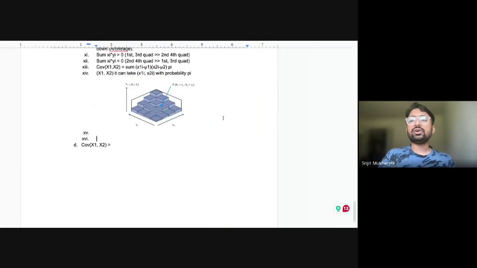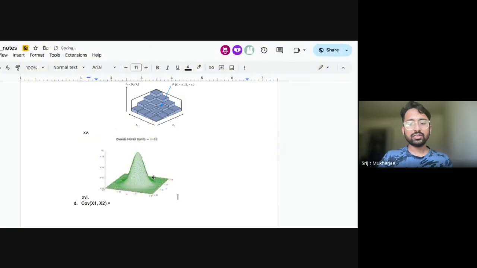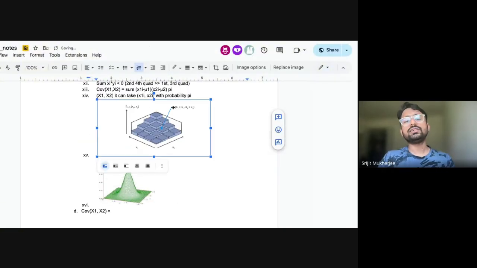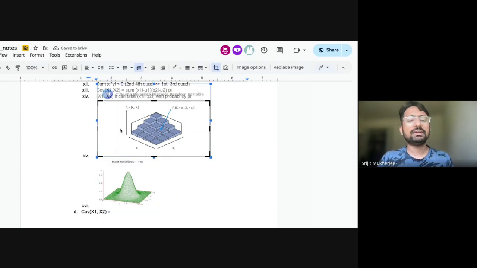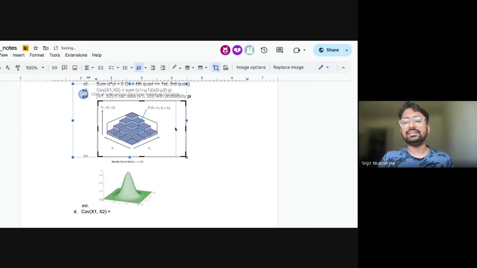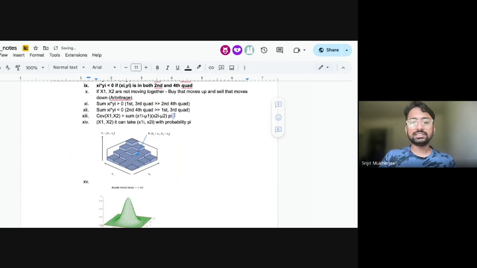Similarly, in a continuous distribution it will be something like this. This is continuous, as opposed to discrete, but again it's multivariate. That's why multivariate calculus is important, which I'm not covering here, but I'm telling you the basic ideas. So this is the basic idea.